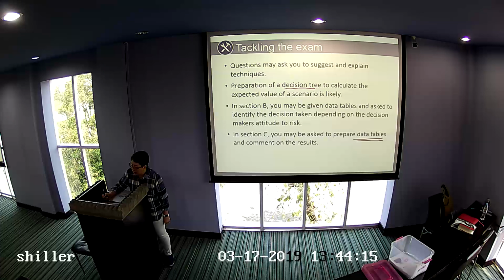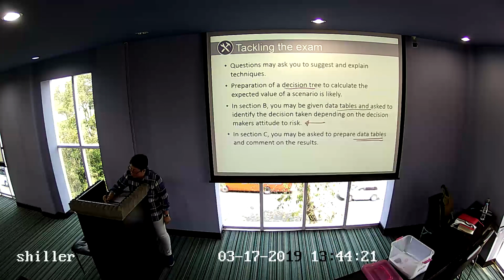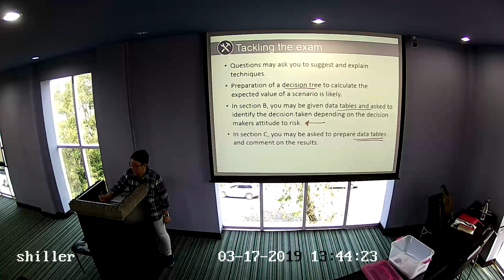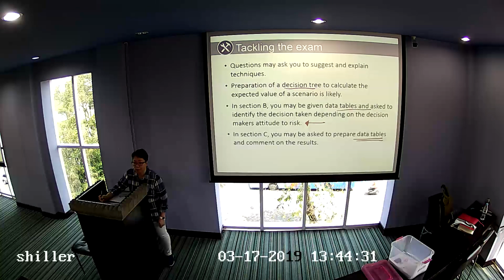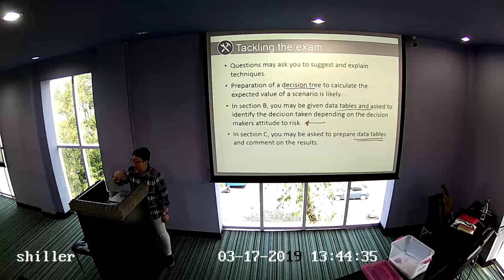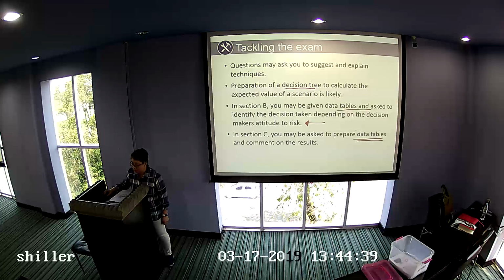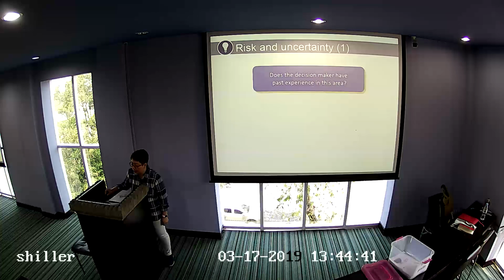And of course, you're asked to make data tables and see how a manager would answer or take the decision depending on what kind of attitude they have towards risk. We'll talk about that in a moment. So it's a mixture again of calculation and discussions. Okay? So let's begin. All right.